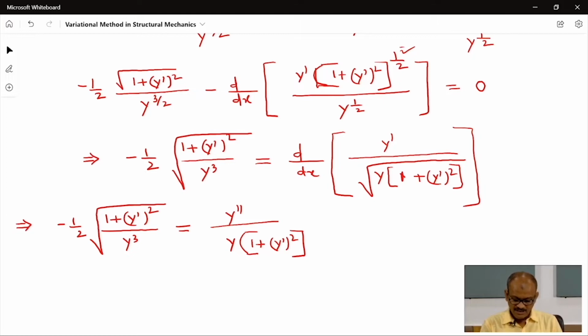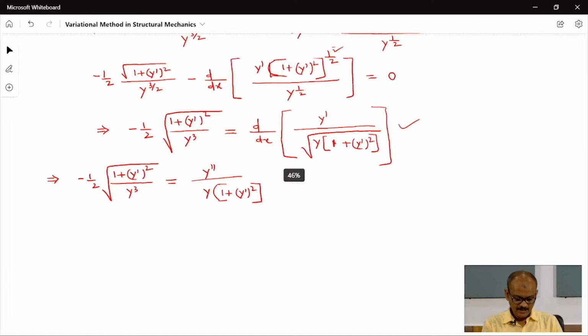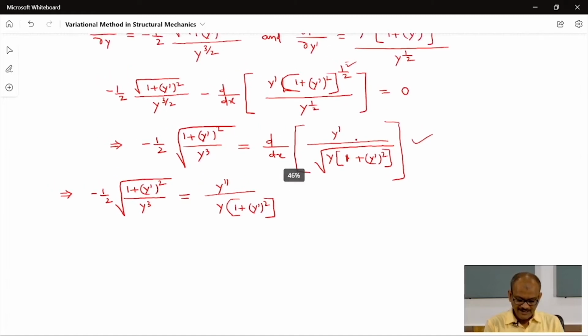Here in this equation, if you see, that is d by dx of u by v form. So this will be v, you will have to write first.